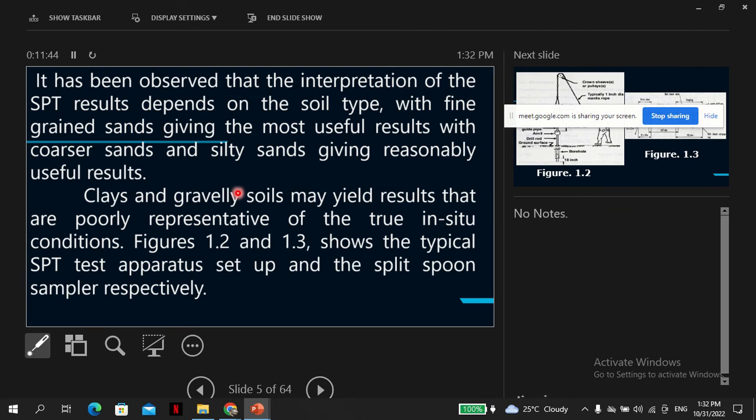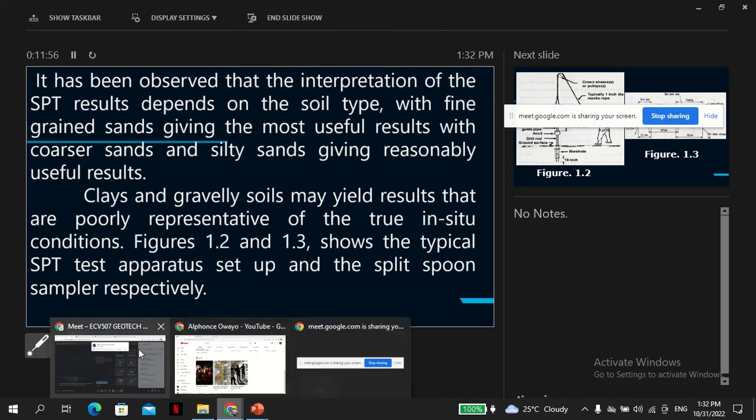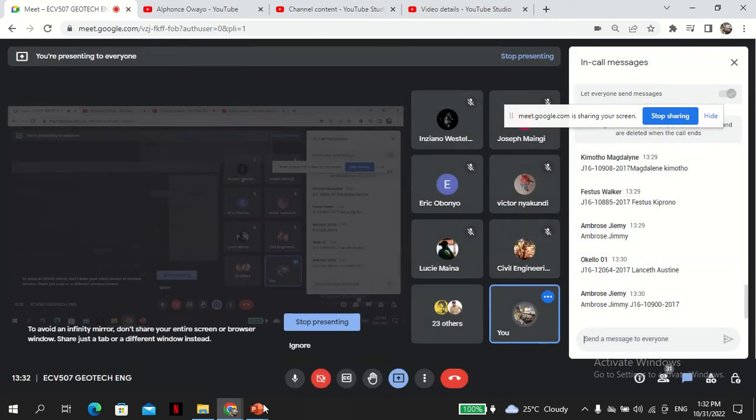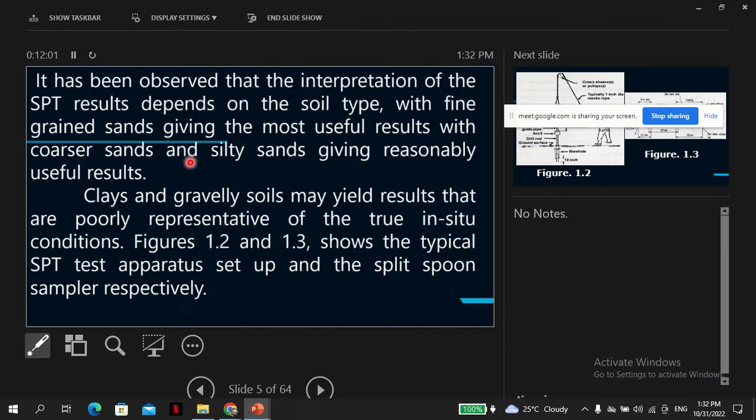One reason for gravel soils is that gravel tends to have some boulders, and so easily you can have refusal because you are hitting a rock rather than the soil. So sometimes you can record refusal, but again you need to protect the equipment. When you hit a rock and think the material is strong, but you're just meeting an isolated rock, that is one of the reasons there is poor correlation.